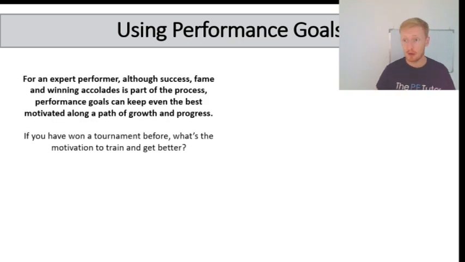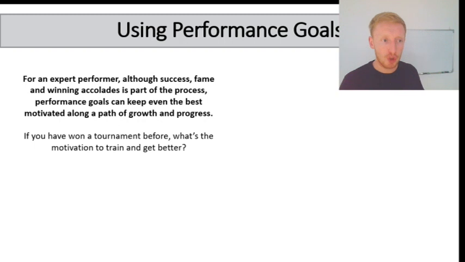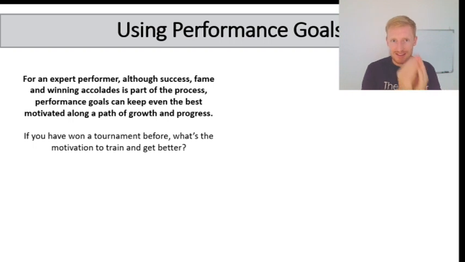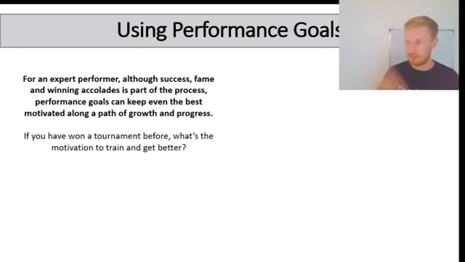Performance goals for an expert then. They work for a novice because it protects their confidence a little bit, but even for the elite, these top echelon performers, the ones who are top 10, top 50, top 100 in the world, the ones who are winning, the ones who are actually experiencing outcome goals of first, second, third place, very powerful.